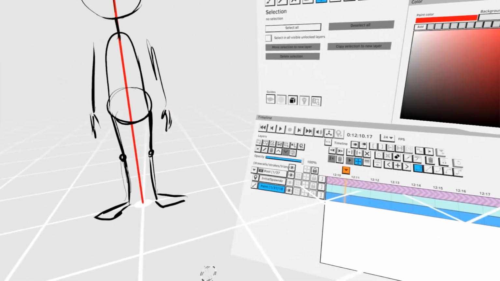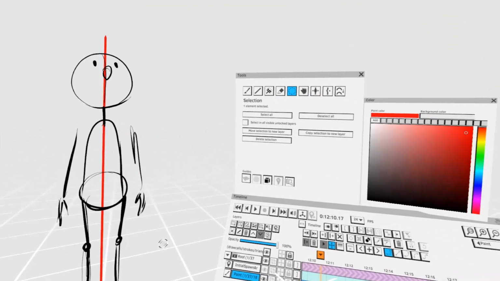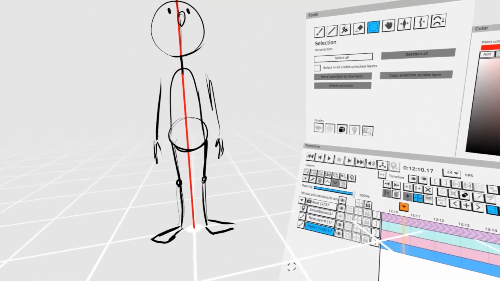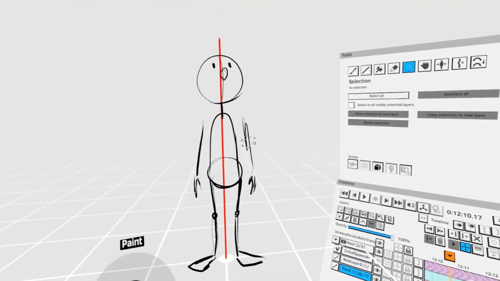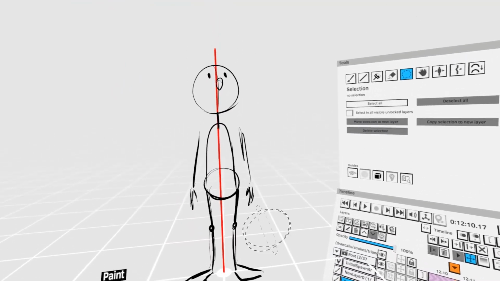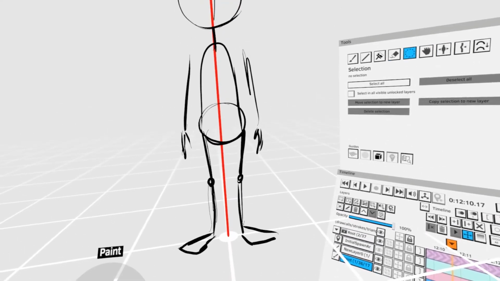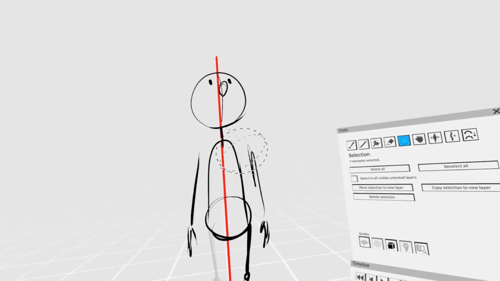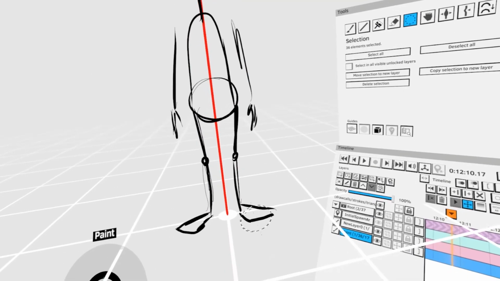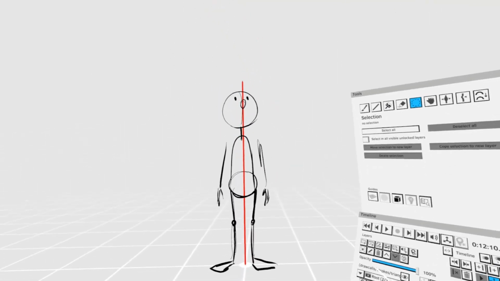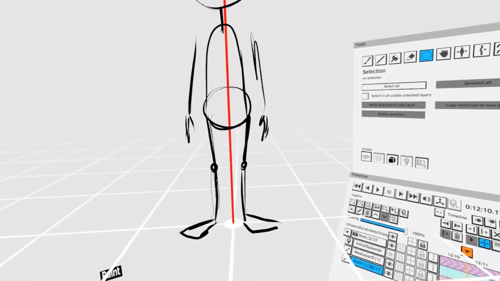Oh no, that's not what I wanted. Okay. So each character has a center of balance, right? The main function of the legs in human beings is to keep the body from falling, and also, obviously, to serve as a means of transportation.